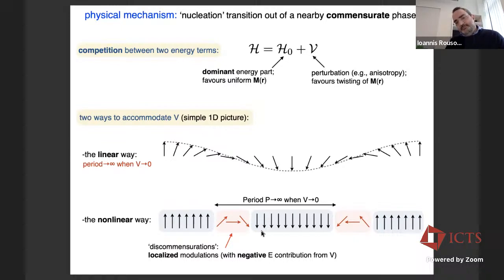And the period between these discommensurations goes to infinity when we switch off the perturbation. And that's the natural way to go from the uniform state to the modulated phase. And that is known as a commensurate-incommensurate transition.